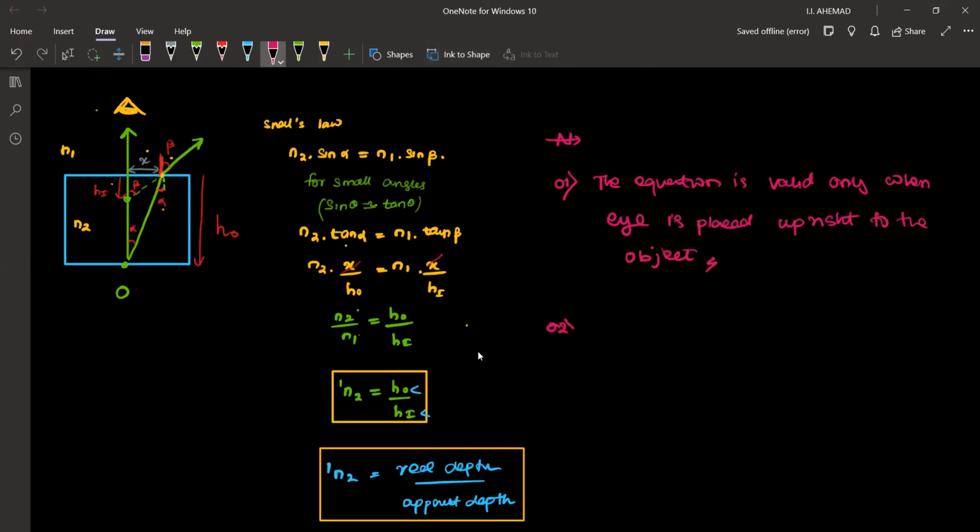And the second, if you look at the equation, we have n2 with respect to n1.